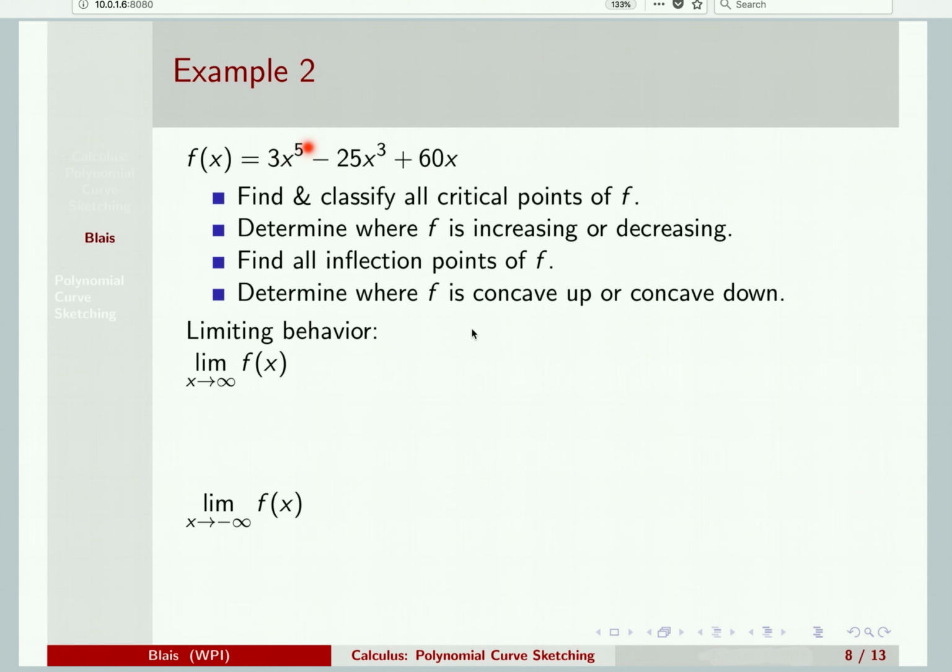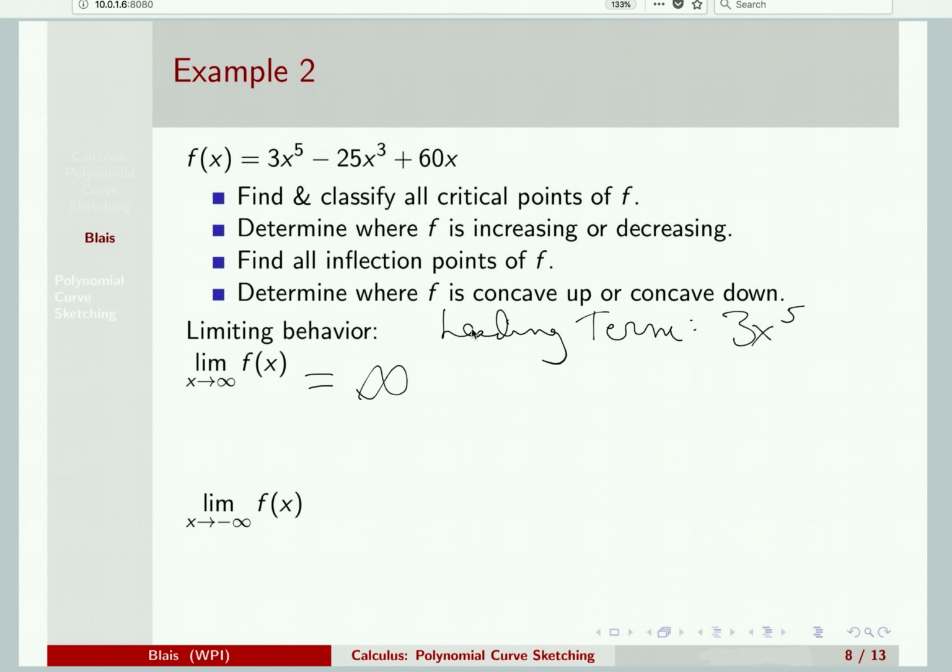Now remember, it's the leading term that determines this with these polynomials. So our leading term, 3x to the fifth. As x goes to infinity, we have a positive 3. x to the fifth is also going to infinity, so this takes off to infinity.